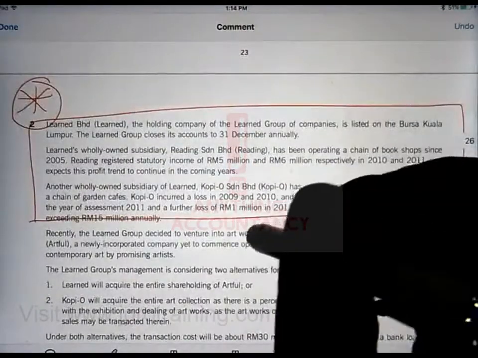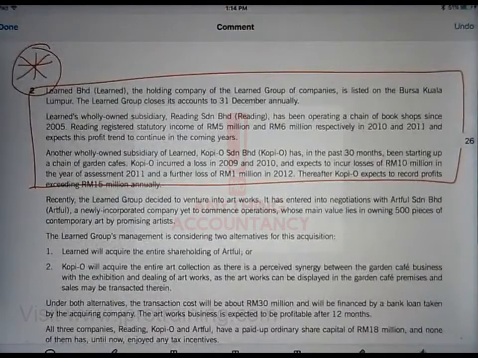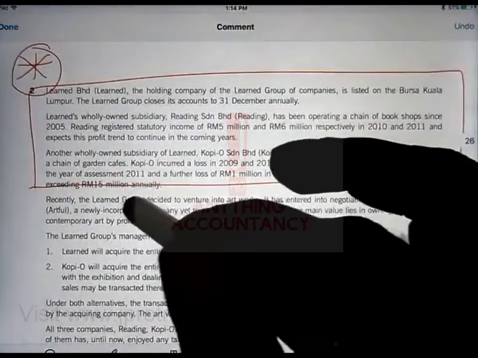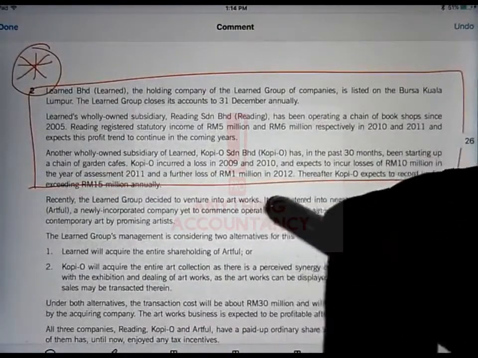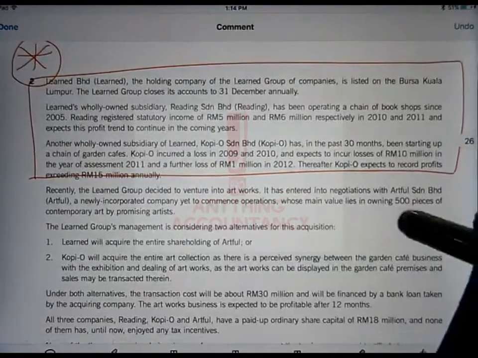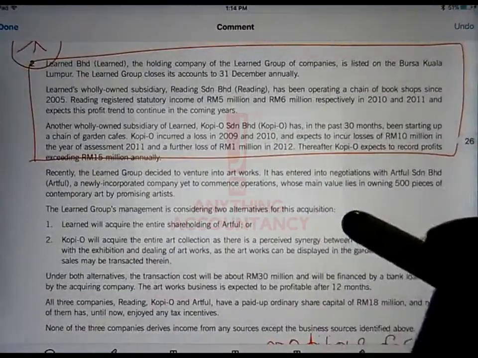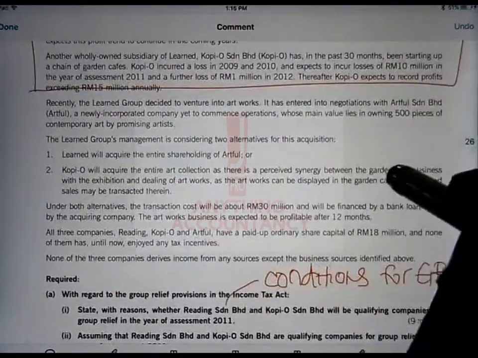Okay. Recently, Learned Group decided to venture into artwork. It has entered into negotiation with Artful Learned Bhd, Artful, a newly incorporated company yet to commence operation, whose main value lies in owning 500 pieces of contemporary art by promising artists. Learned Group management is considering 2 alternatives for this acquisition.